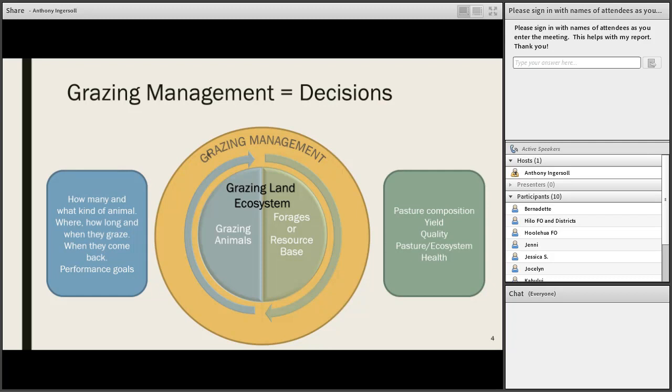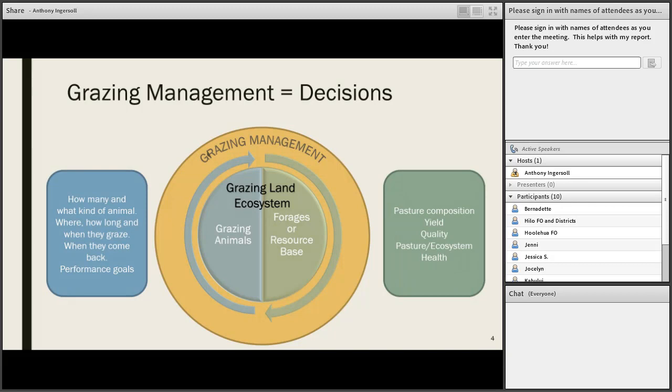ecological, obviously, it's an ecological system. And when we're talking about grazing management, we're really needing to bring together the understandings of forages and of grazing animals and their physiologies and ecological systems.